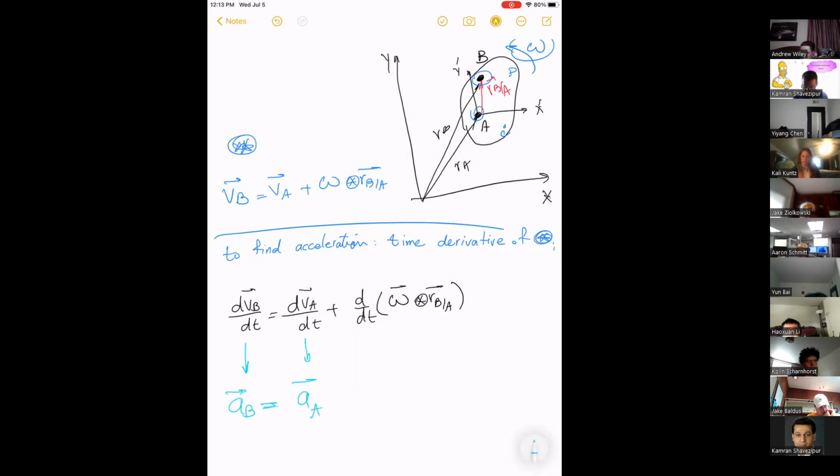Now, the derivative of this, again, you have a product of two variables. You're going to get d omega/dt cross RB with respect to A plus omega cross dRBA/dt.